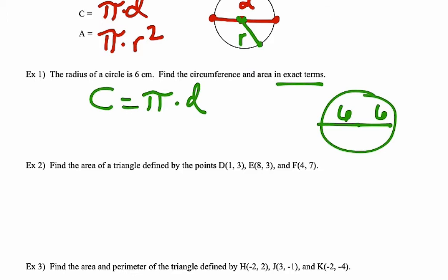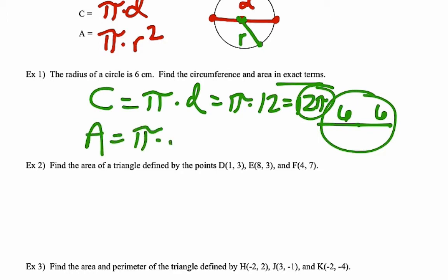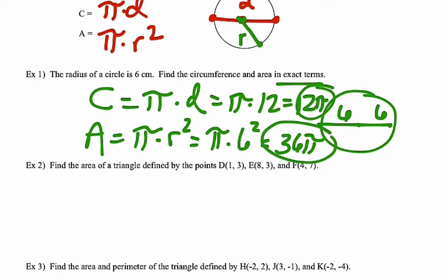So that means pi times a diameter of 12, which in exact terms is just 12 pi. If I want to find the area, that would be pi times the radius squared, or pi times 6 squared, which is 36 pi. So in exact terms means we're going to leave it as 36 pi and not use 3.14 to round it. So make sure you understand what exact terms means.